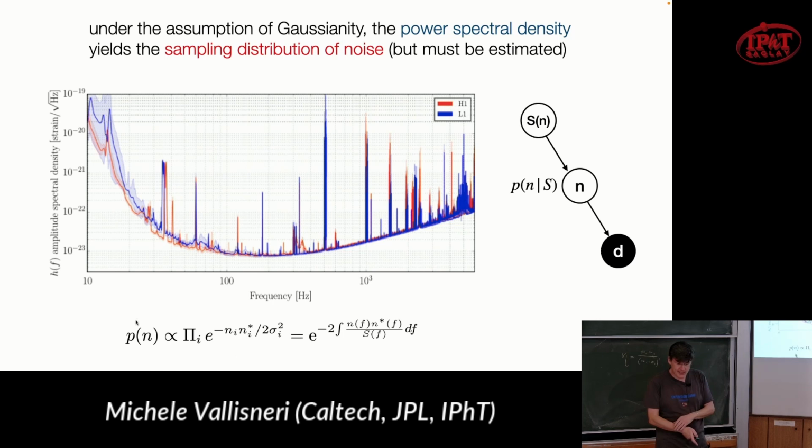You put them all together, and the probability of having just that realization of the noise is going to be effectively an integral in the Fourier domain, of the Fourier transform divided by the power spectral density of the noise. That is the spectrum that you measure, and that is also a metric of quality for data.